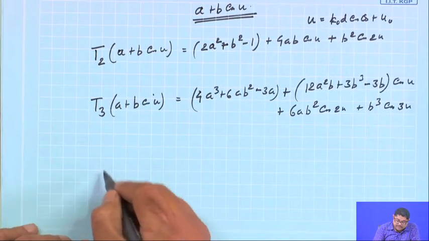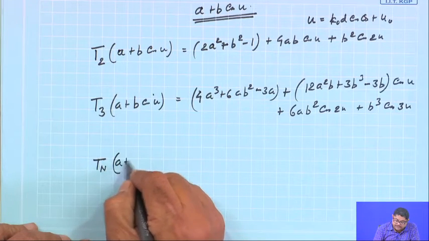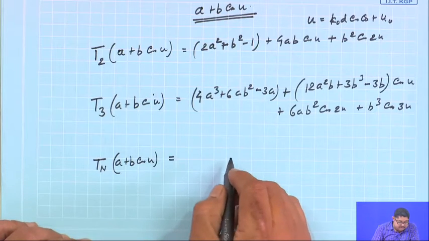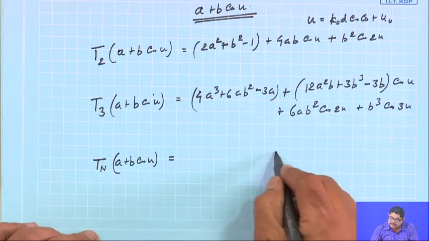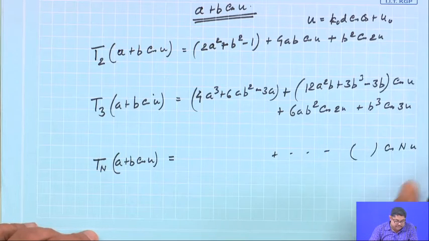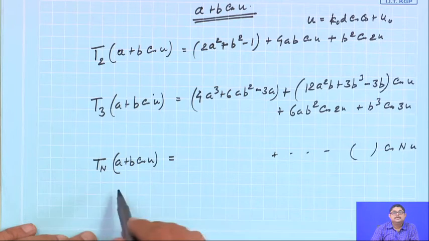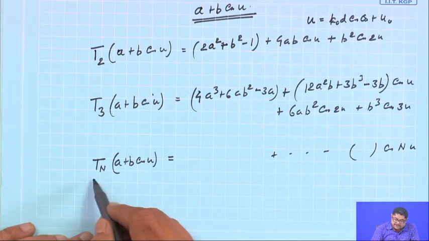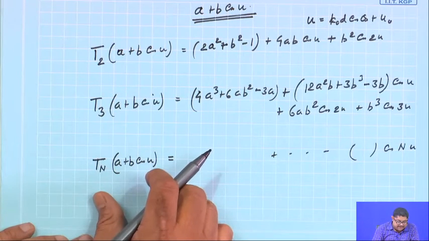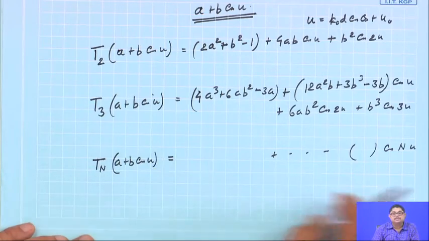In general, the Nth order Chebyshev polynomial is a finite Fourier series up to the term cos n u. And so, I can say that we can identify this as the array factor for an array with 2n plus 1 elements.